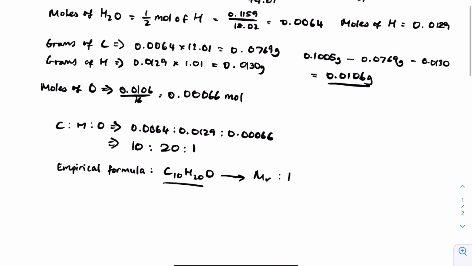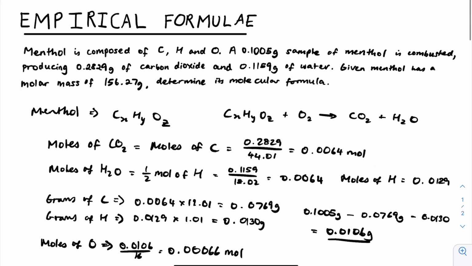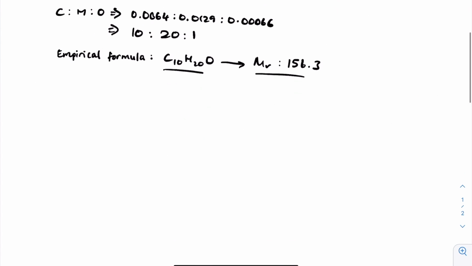So although we've gotten an empirical formula that has a molar mass of 156.3, and it's the same as the molecular formula's molar mass, it just means that menthol is in its simplest form already. So therefore, menthol is C10H20O.